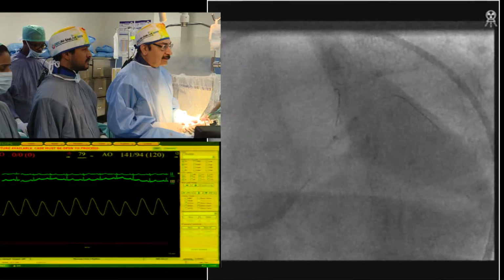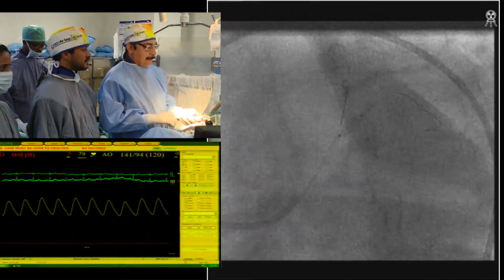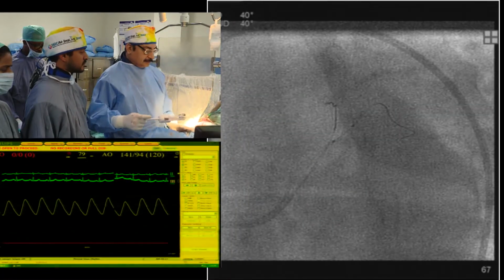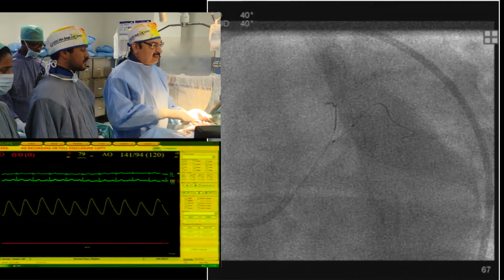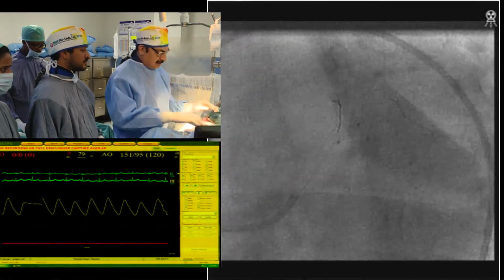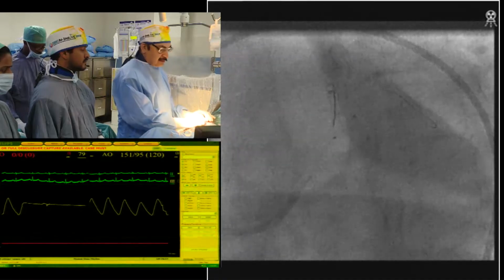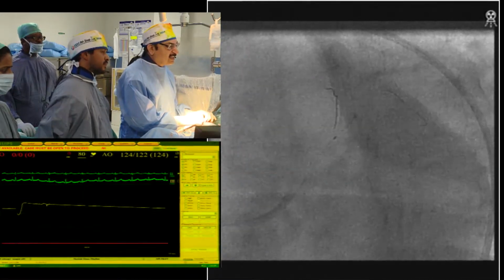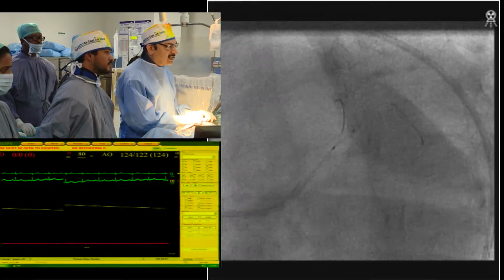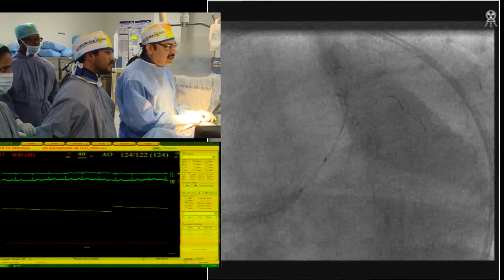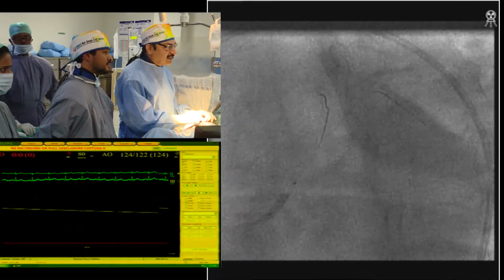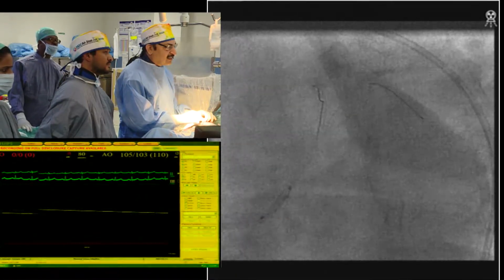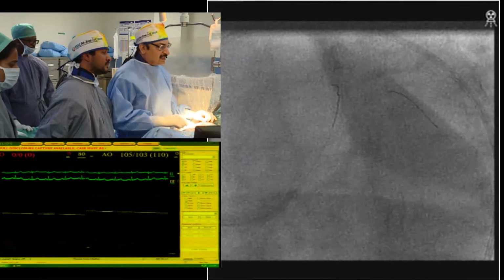So if I can just summarize the case in the last few seconds of this live transmission: it's a difficult case where you saw a diagonal bifurcation following a PCI to the LAD in a primary scenario with CKD. The issues were to check whether the stent previously deployed was good. The OCT pictures, obviously, with the worry of contrast in a CKD patient, had to be done carefully.